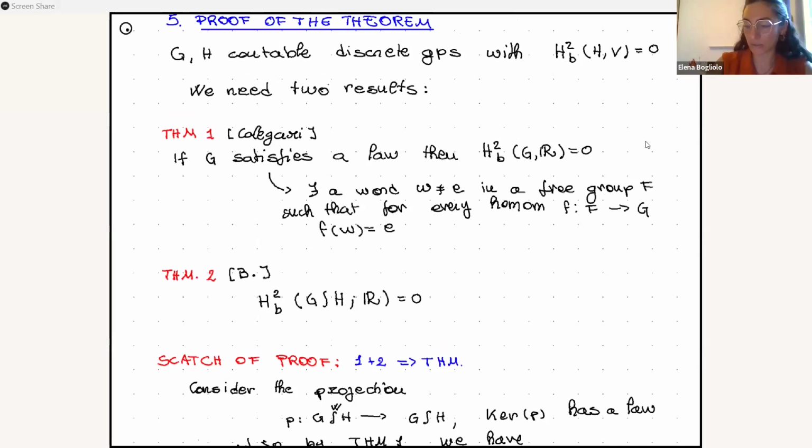Also, as I was saying, the fact that we require the set W to be non-empty is basically the same thing as asking for the law to be different from the trivial word. So yes, it comes from there. I see. Thank you.